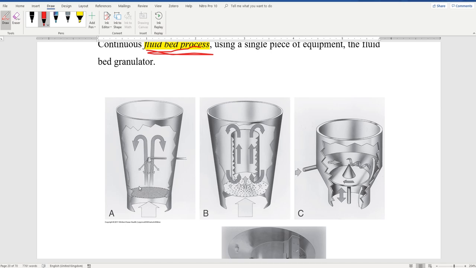It agitates the powder. So what will happen? It will get mixed. Then you spray the binder solution. After you complete this process, you dry your granules here while they are fluidized.